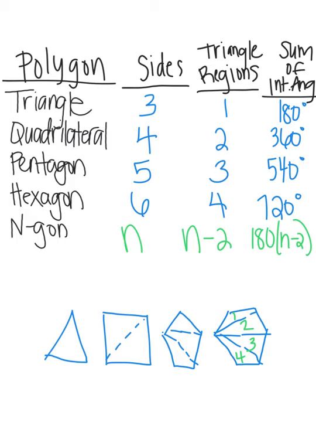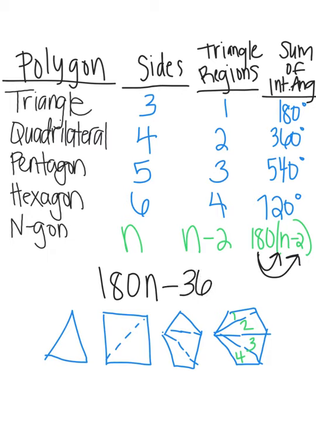So from this pattern, we can come up with the formula to find the sum of any interior angle. Let me go ahead and write it down here, which would be, if I just went ahead and distributed out and multiplied each one of these terms by 180, I would end up with 180n minus 360.